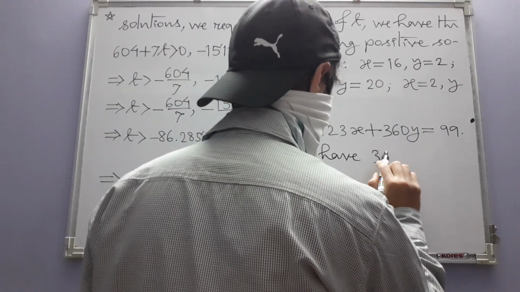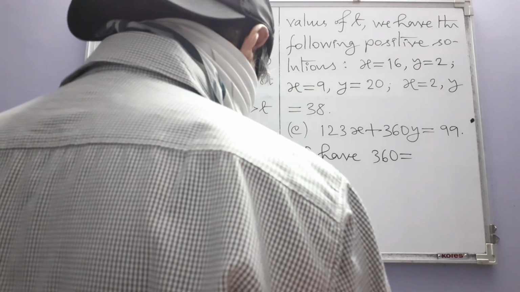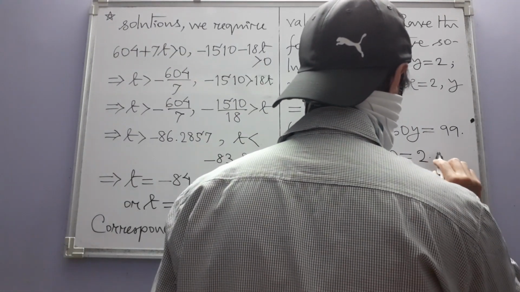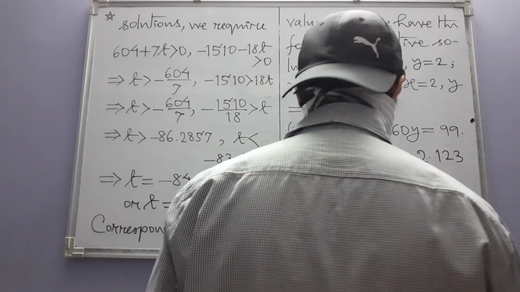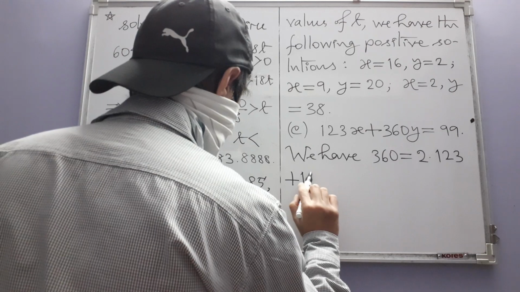So first we divide 360 by 123. Doing that, we get 2 times 123 plus 114.